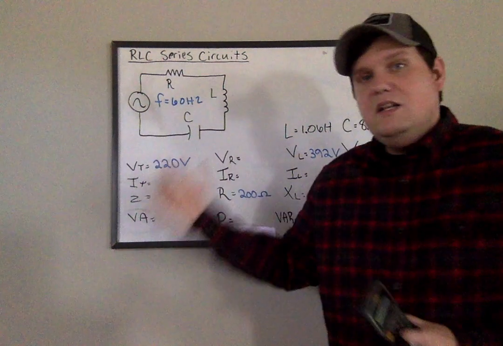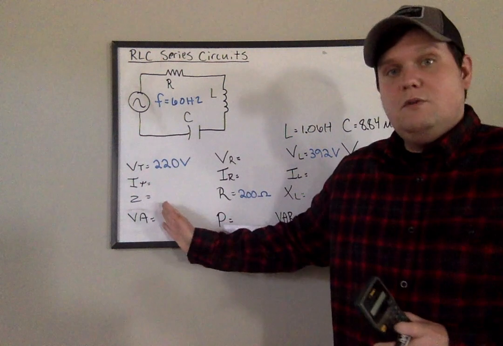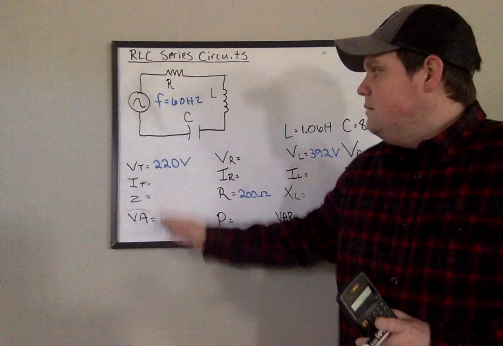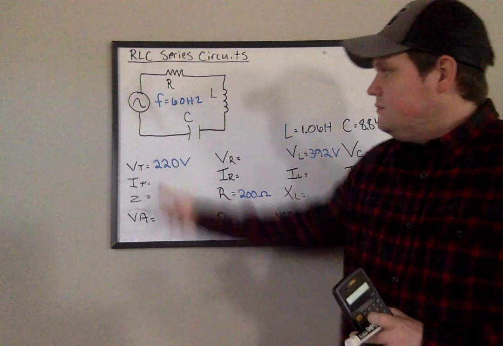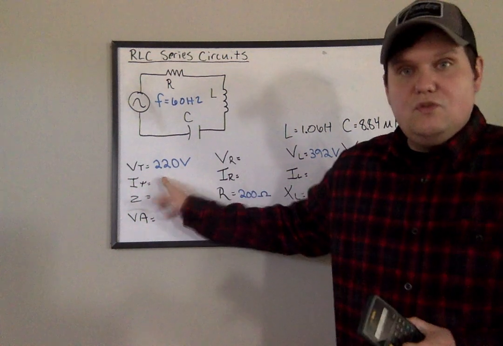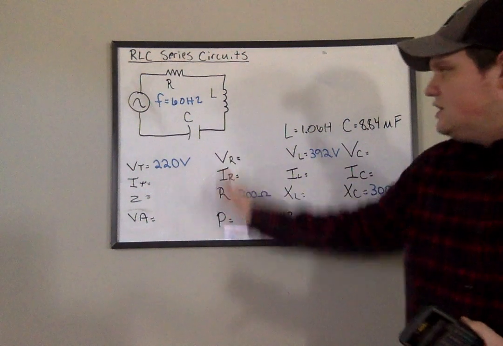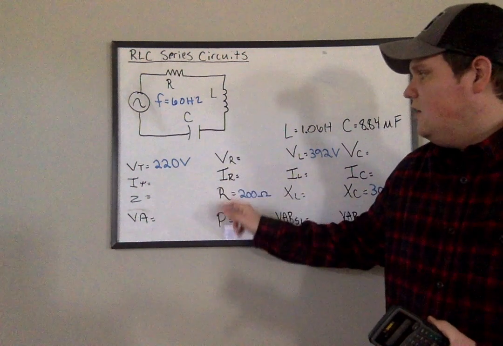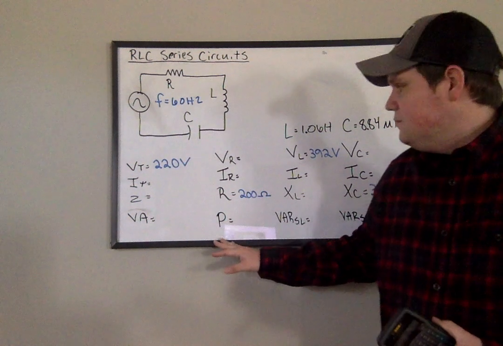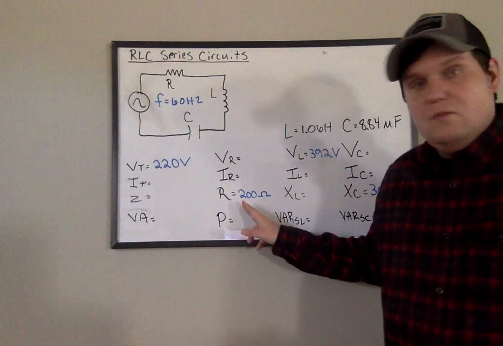Let's look at our individual columns here. I'm going to look at the totals column first. In my totals column, all I have is 220 volts for my source. Looking at the resistor's column, VR, IR, R, and P, all I know is the resistor's value, which is 200 ohms.